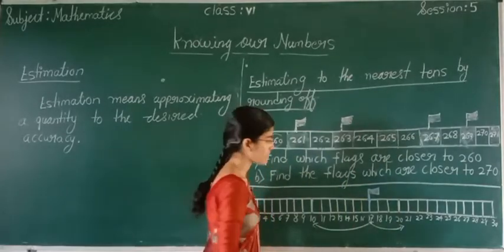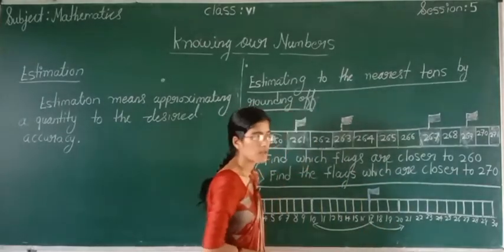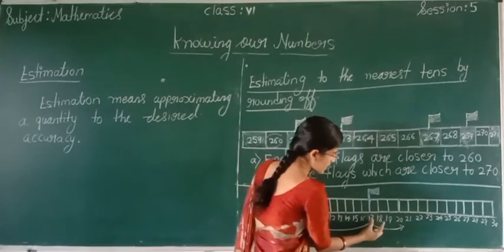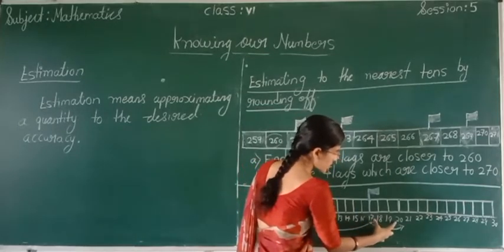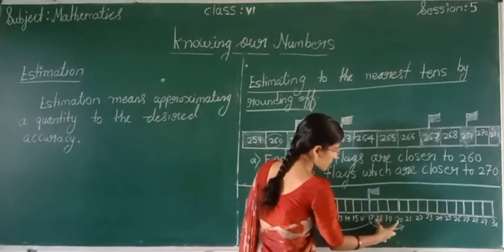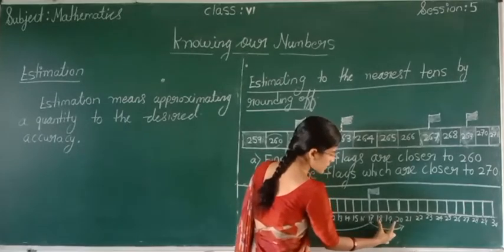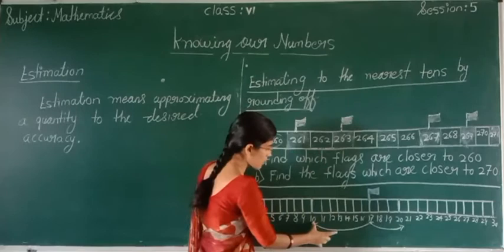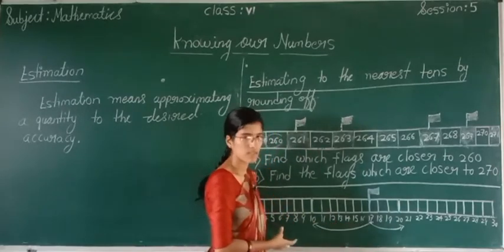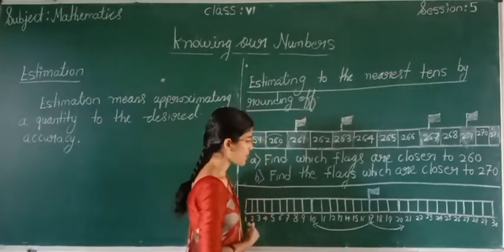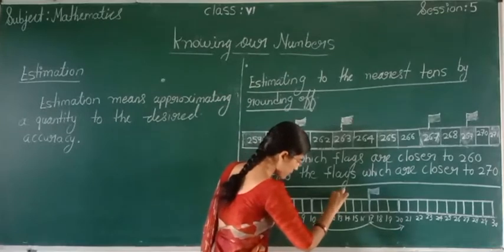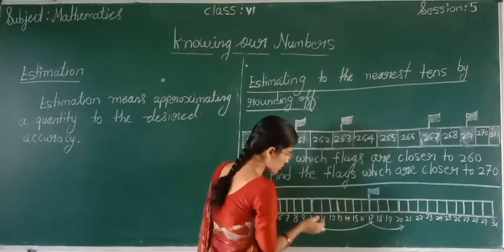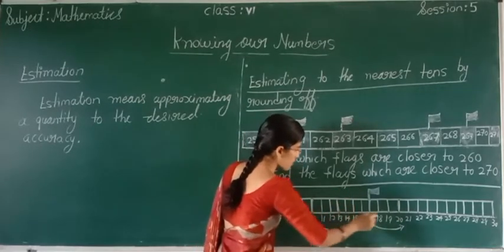Definitely your answer will be 20 only, because the difference between 17 and 20 is only 3. Here the difference is very small compared to the difference of 10 and 17. Yes or no?